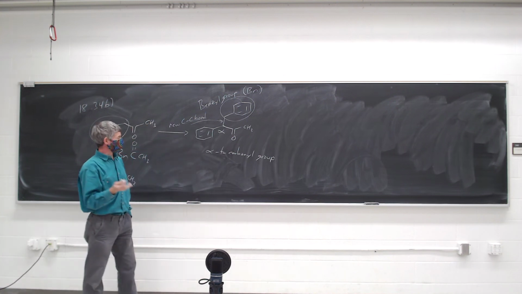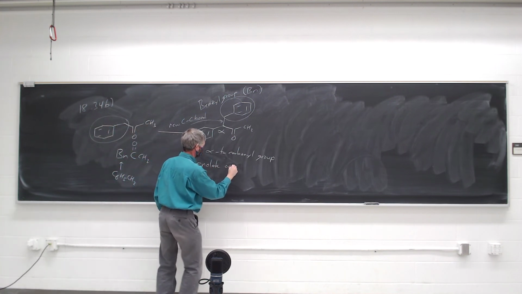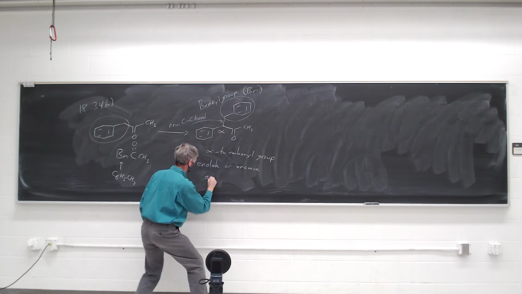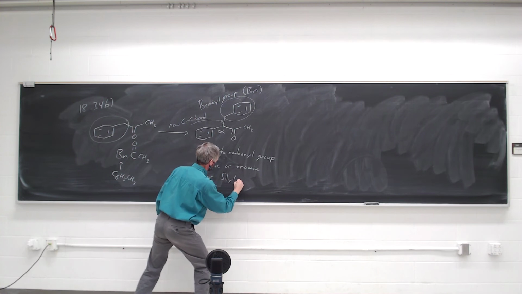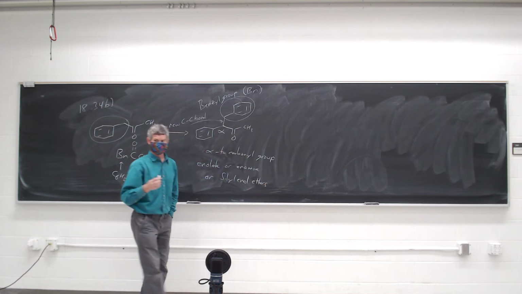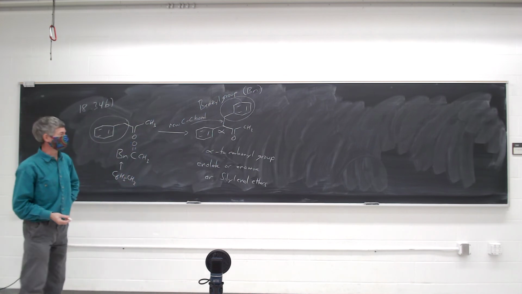So this one you're going to make with either enolates or enamines. Or if you look at my pre-recorded videos, silyl enol ethers is another way to do that, which I didn't cover in class.